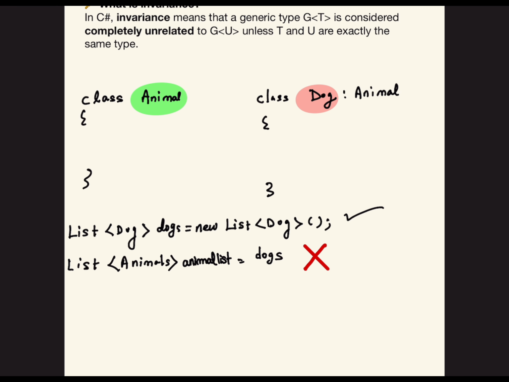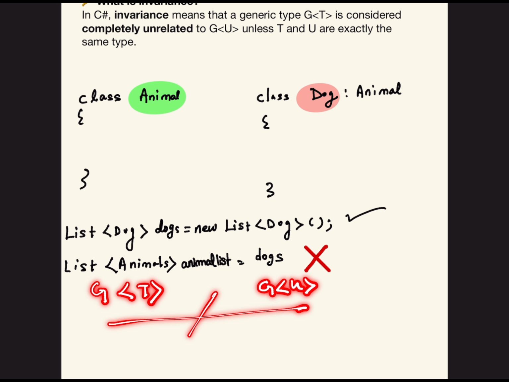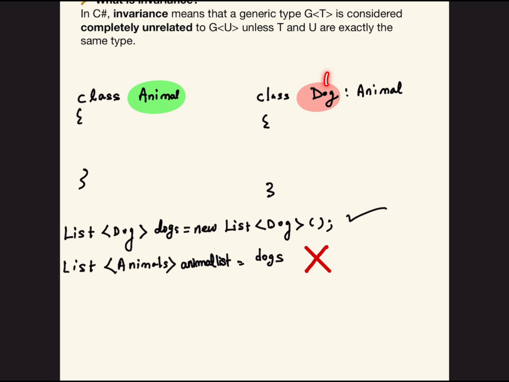Here this is G of T, and here also it is G of T. If both sides are the same, it is going to work. But the moment I make it G of T here and G of U there, that is not going to work. So that is what it says, unless T and U are exactly the same type. Even though Dog has been derived from Animal, that is not going to work.